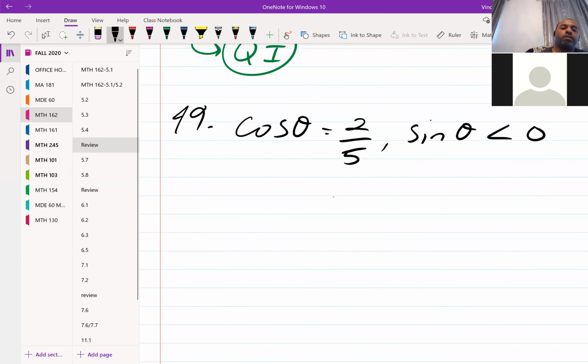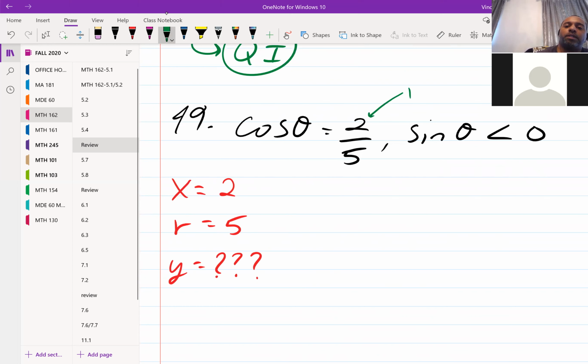All right, so first thing we recognize is that we have 2/5. That means x is equal to 2, r is equal to 5, and y is unknown. So we need to solve for y. Just make sure we understand this is x and this is r. So r is always positive.